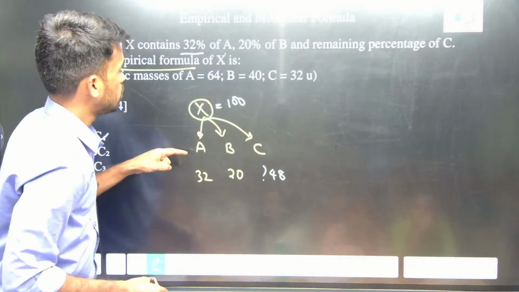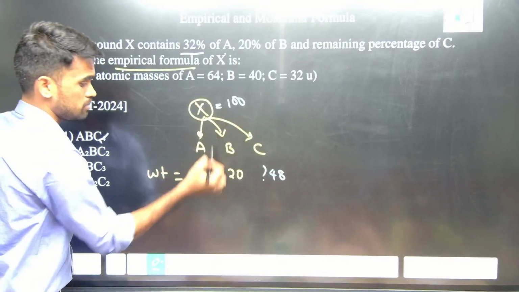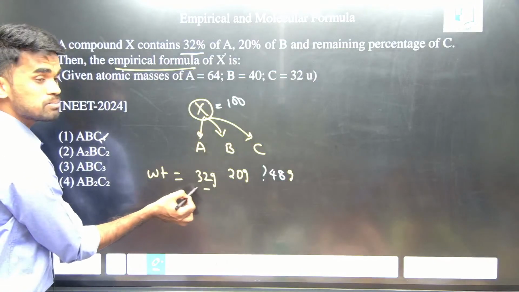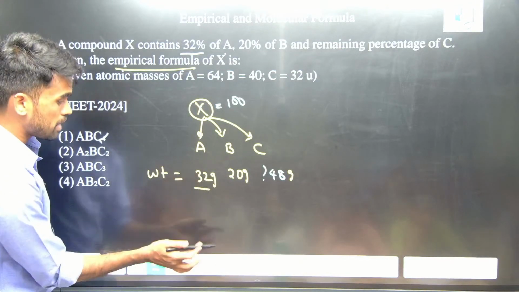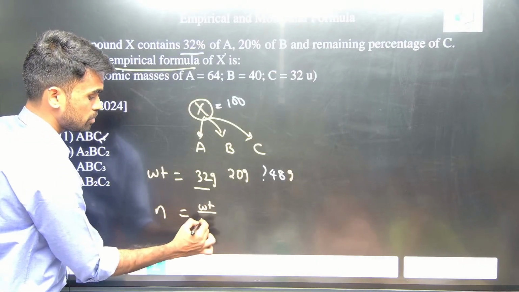Now what are these quantities? Grams. For 100 grams I can say 32 grams, like this. Now I have grams, so convert into number of moles first: given weight by molar mass.